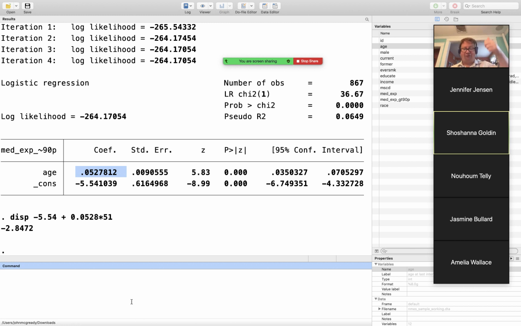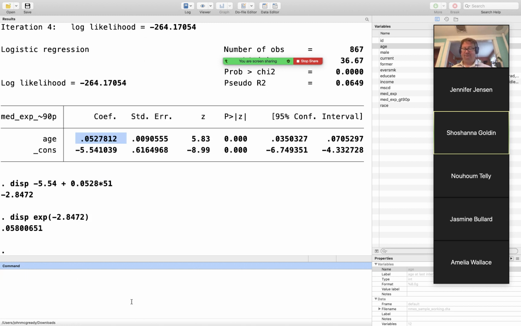The first part of this transformation is to get this off the log odds scale, to get the odds for this group. Exactly. So this is the estimated odds for this group.